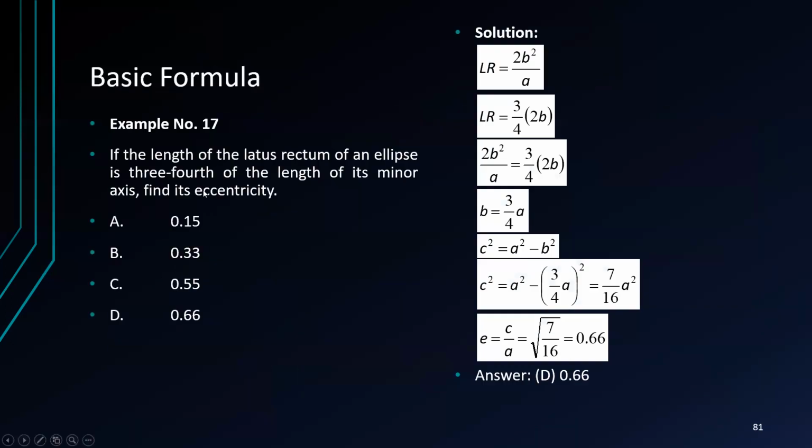Sample number 17. If the length of latus rectum of an ellipse is 3/4 of the length of its minor axis, find the eccentricity.